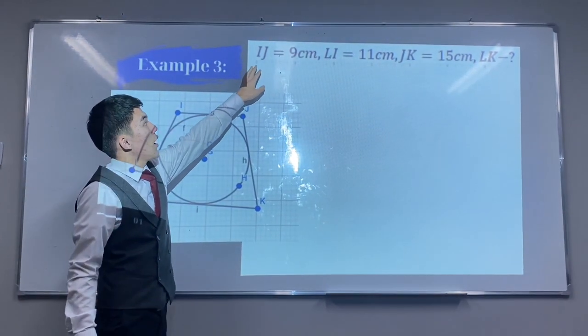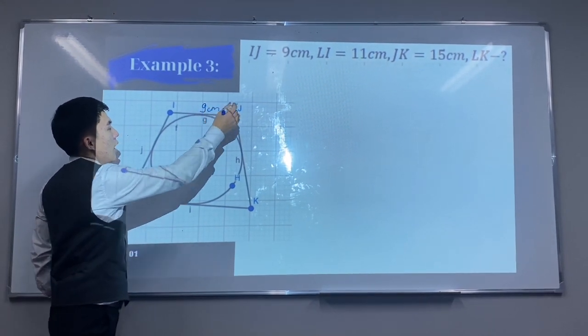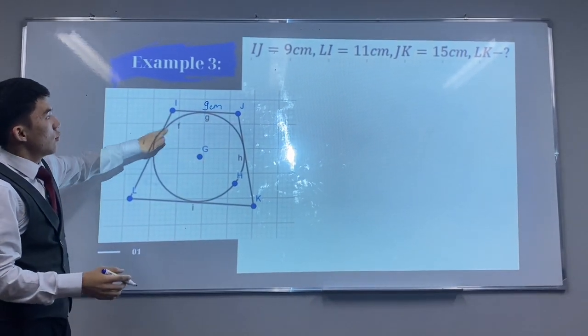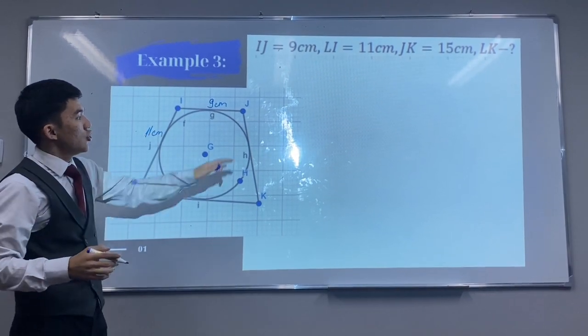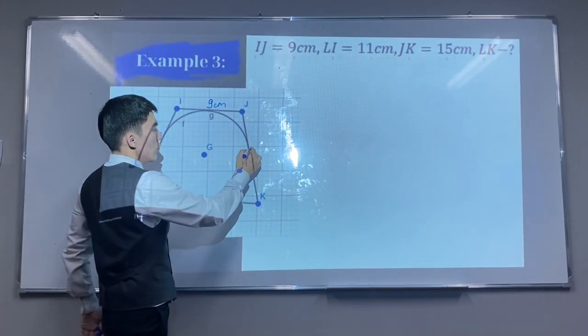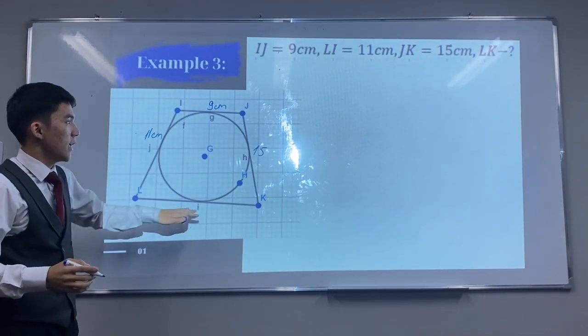And our third example. As we can see, IJ equals 9 centimeters, LI equals 11 centimeters, and JK equals 15 centimeters. And we have to find LK.